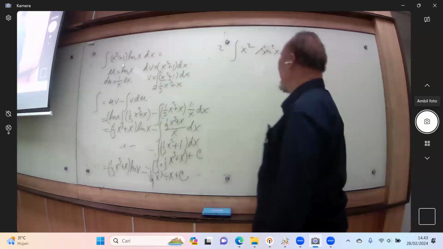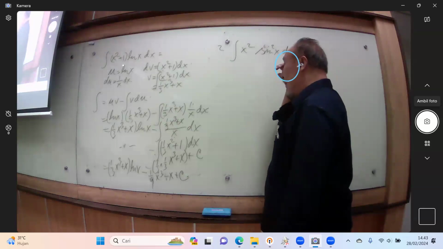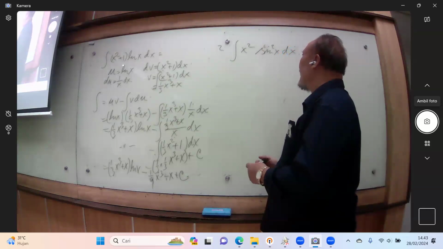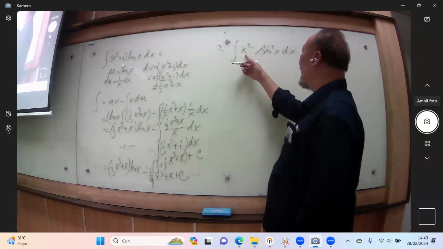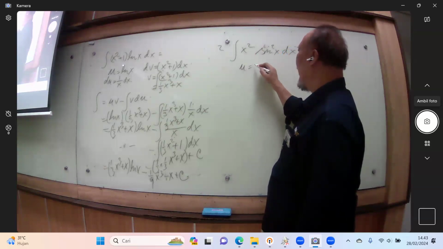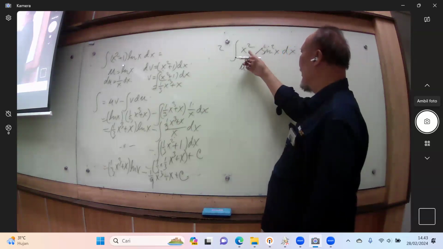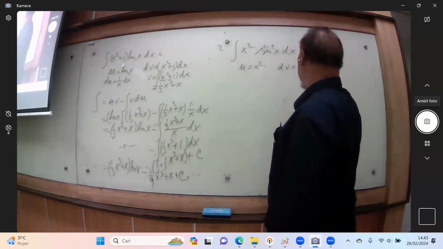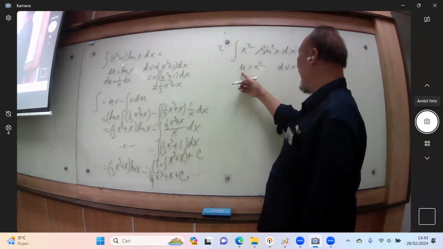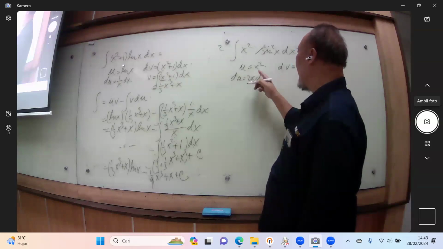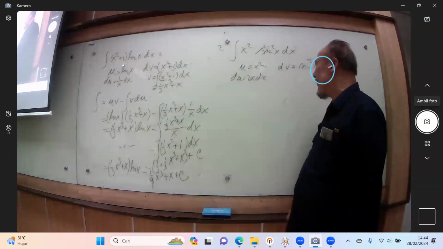Now we can use integration by parts. Let's say u is x squared. Why? Because the derivative becomes lower, and dv is sine squared x dx, and du is now 2x dx, since the derivative of x squared is 2x.